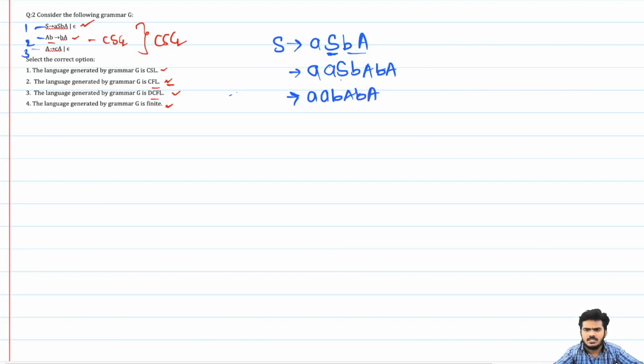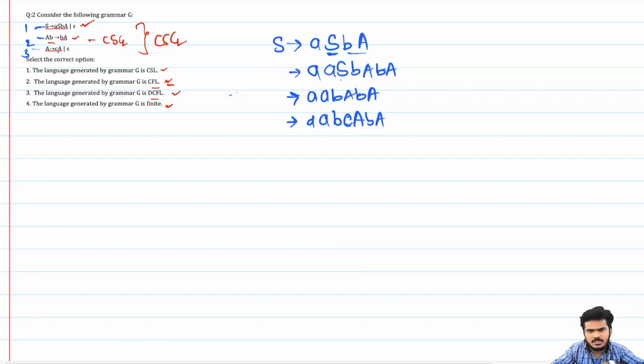Now instead of A we have two choices, whether we can use this third production, A produces CA. I will use that: A, B, and instead of this, I am using small c, again A and BA.